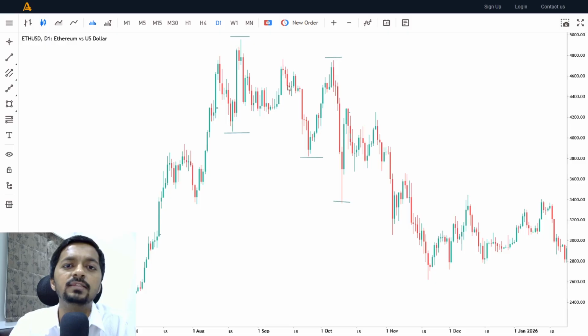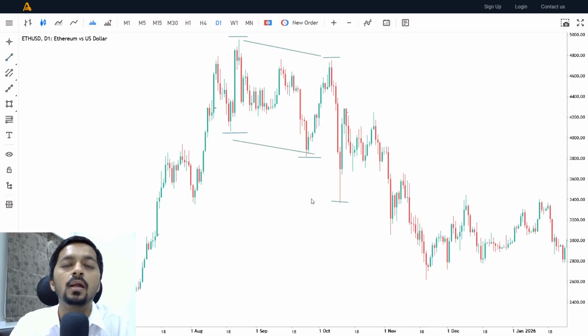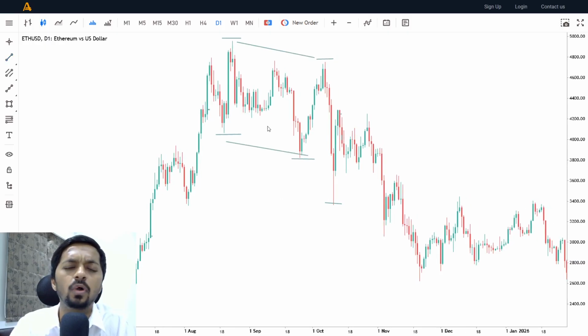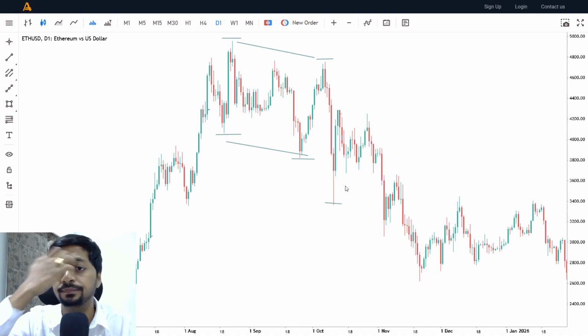So over here we have this. See this lower high and lower low. Now your work is done. What you need to do is just wait for the price to retrace back, or for the price to break the low, to enter your trade. This is how most professional traders used to enter their trades, right?